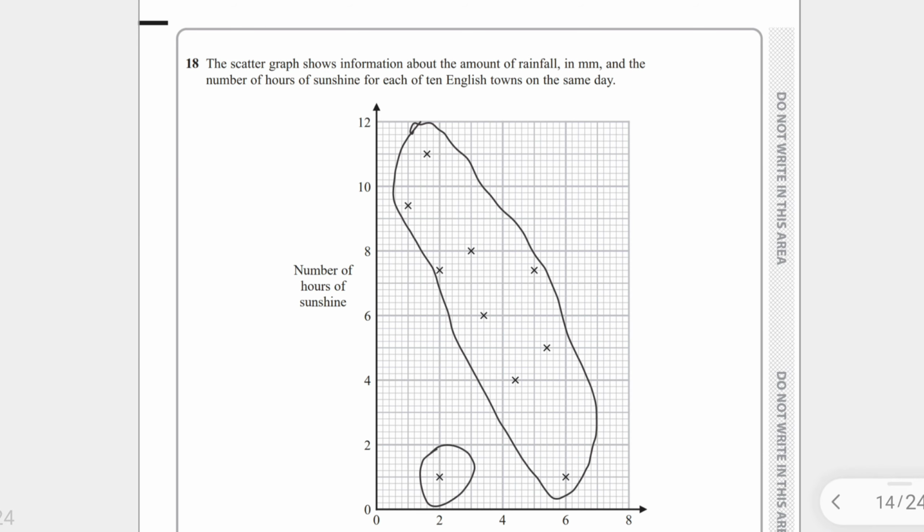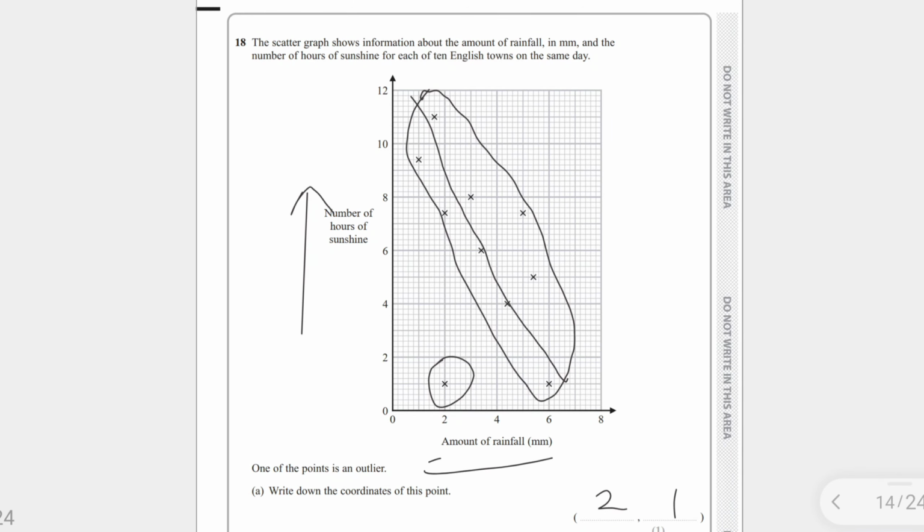As we can see, this is going downward, it tips downward. So which means as the number of hours of sunshine increases, what happens? The amount of rainfall decreases.